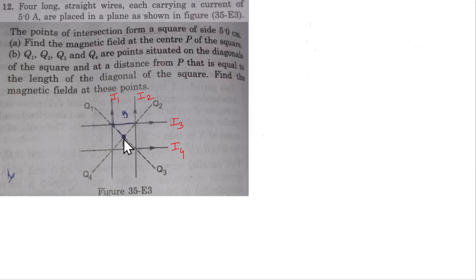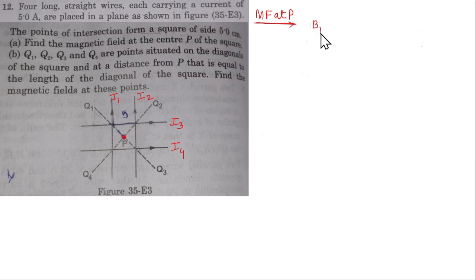So first we are finding the magnetic field at point P due to current I1.